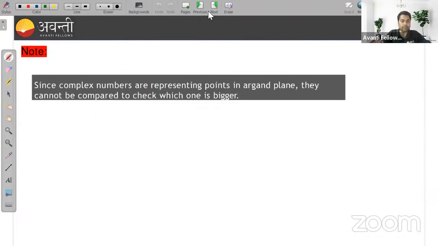Since complex numbers represent points in an Argand plane, they cannot be compared to check which one is bigger. Suppose I'm taking z1 equal to 1 plus 2i and z2 equal to 2 plus 3i.